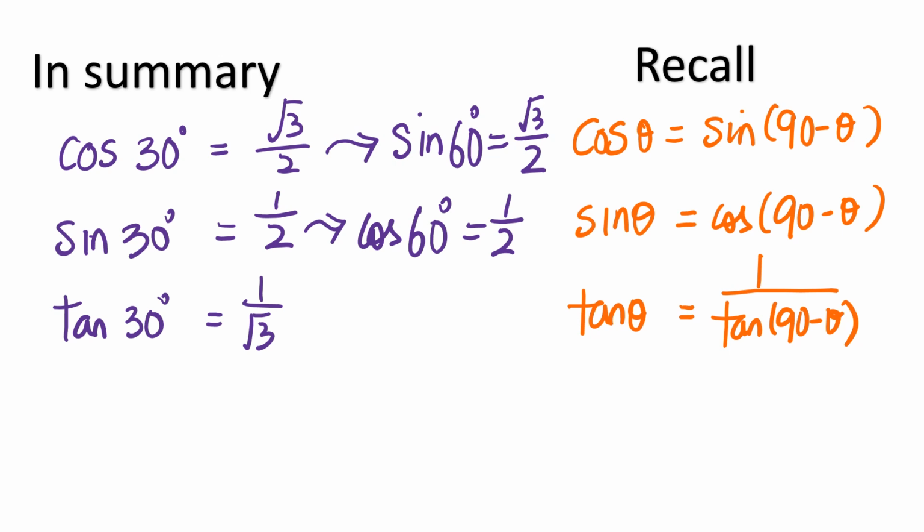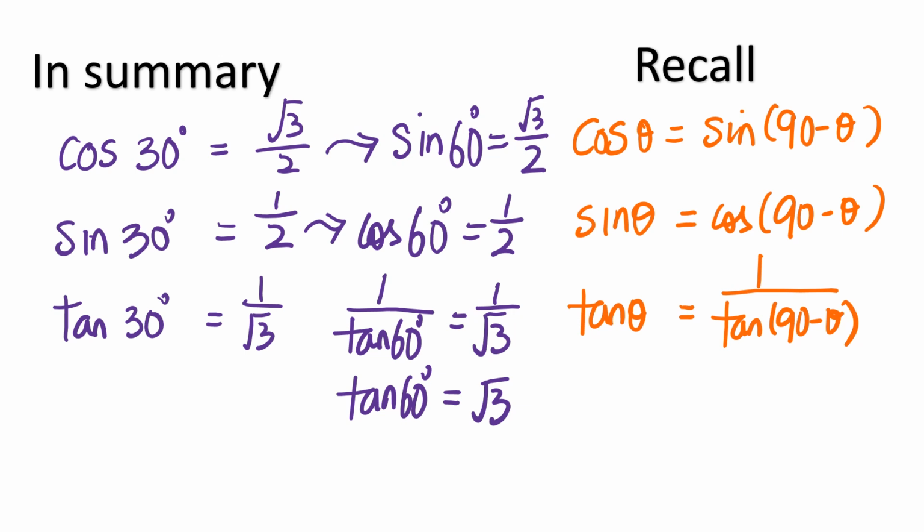So if your theta is 30 degrees, tangent 30 is 1 over tangent 60. Right. So 1 over tangent 60 is equal to tangent 30, which is 1 over square root 3. Right, so tangent 60 will be just square root 3.